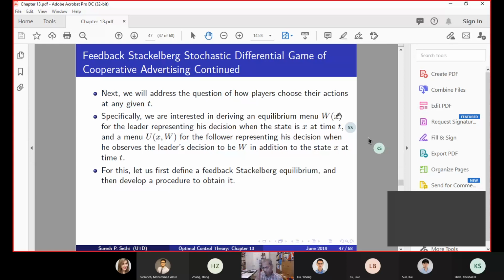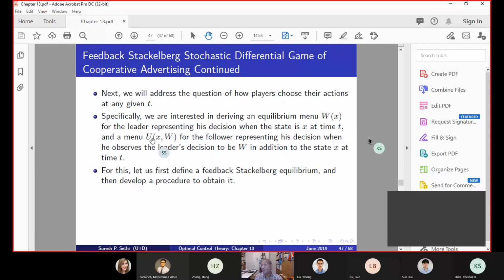So every time t, the leader or the manufacturer observes X, which is the market share. The retailer's market share of the whole market. Remember, there's no competition here. The market share means total share of the total market captured. Knowing that, he decides W. So it's a table. Give me X, I give you W. That's all it does, right?